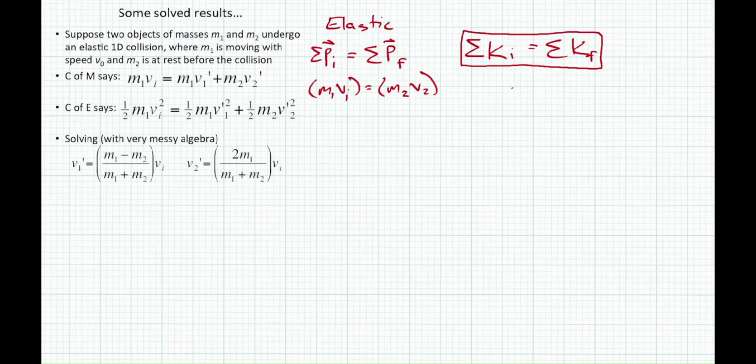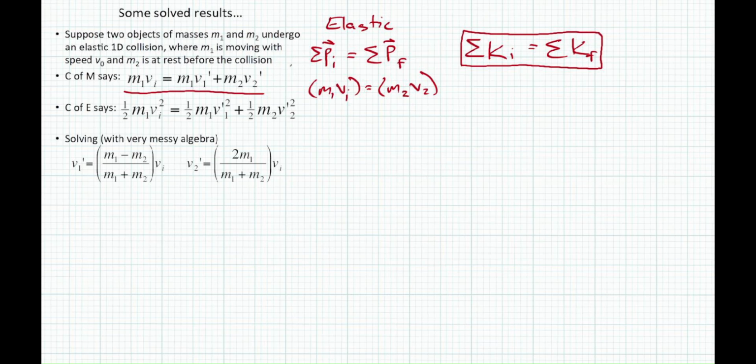So let's take a look at this slide right here. We have established that conservation of momentum has the total momentum beforehand being equal to the total momentum afterwards, final and initial. I want to clarify something here.